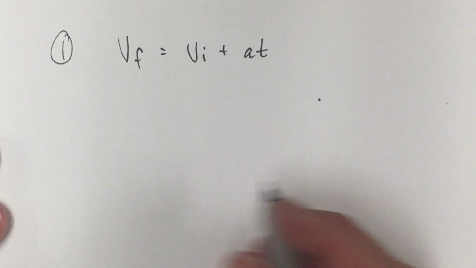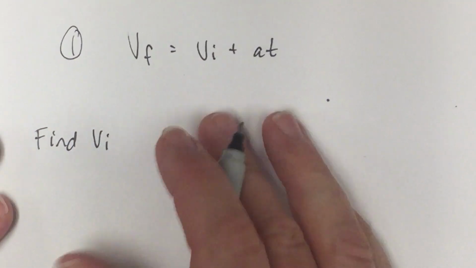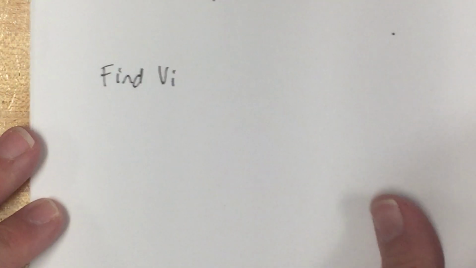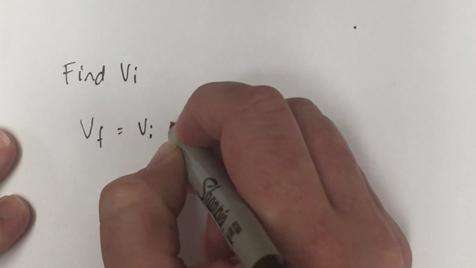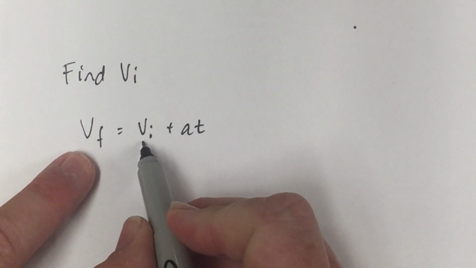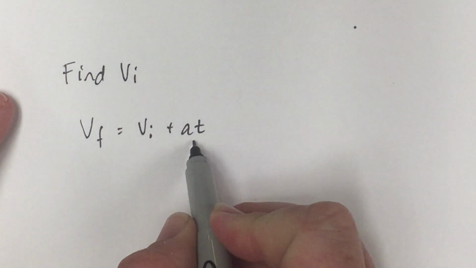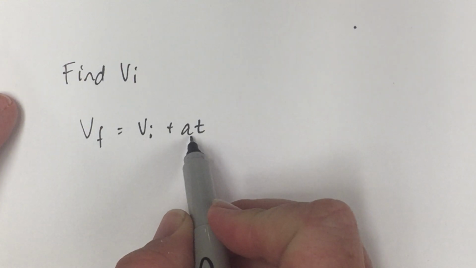So let's say I need to find VI. So if I'm going to find VI, I'm going to start and say that VF equals VI plus AT. And if I'm looking for VI, that means I have a number here and numbers here. And if I multiply two numbers, they stay as a number. So they would operate as one thing.